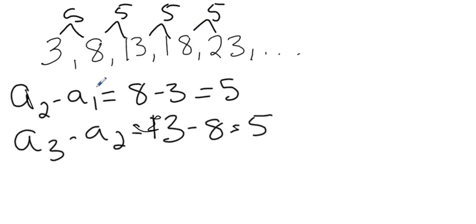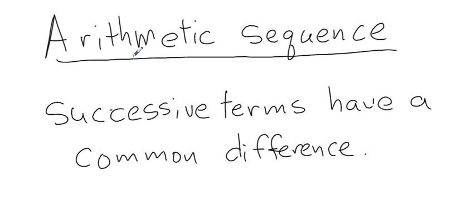Now, if we have a common difference amongst the successive terms in the sequence, that sequence is a special type of sequence, namely an arithmetic sequence. The arithmetic sequence is when successive terms have a common difference.